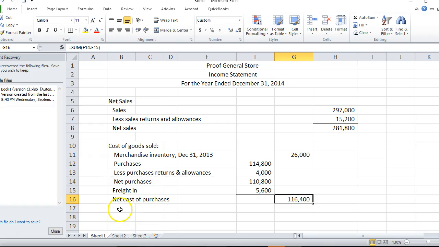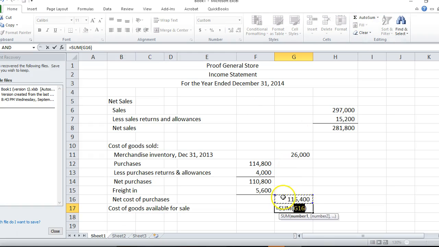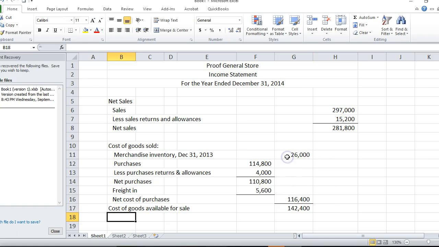So then cost of goods available for sale is going to be the sum of our beginning inventory plus our net cost of purchases, our 142,400.